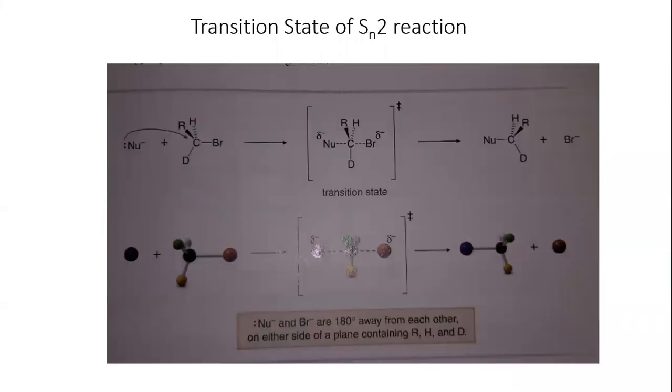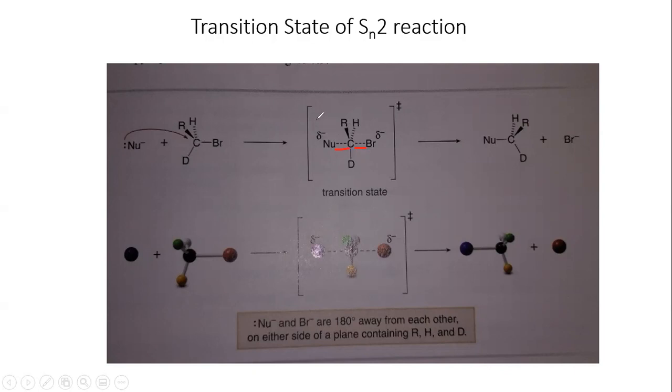So what's occurring in the transition state of this SN2 reaction? Again, this is a concerted reaction. The nucleophile attacks the backside of the carbon halide bond. In the transition state, the carbon bromine bond starts to elongate, the carbon nucleophile bond starts to form. Then as it forms products, the carbon nucleophile bond completes, and then the bromide leaves.